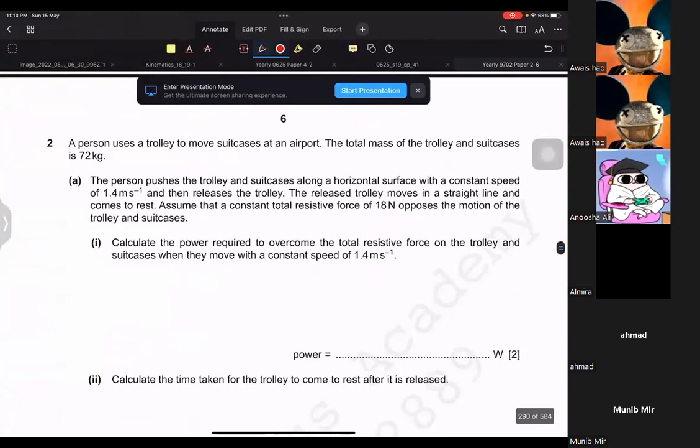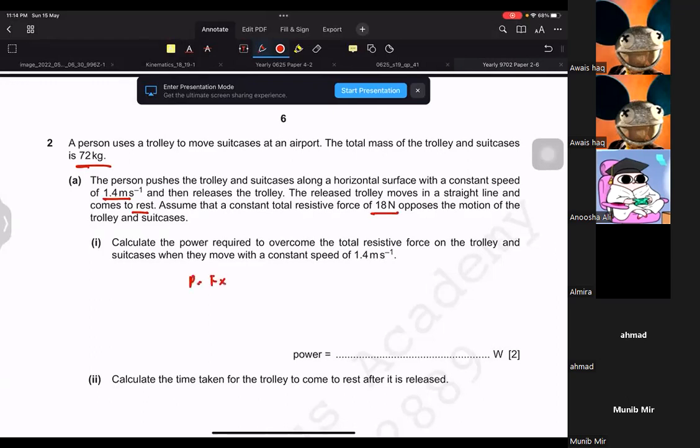Now, a person uses a trolley to move suitcases at an airport. The total mass of the trolley and the suitcase is 72 kg. Calculate the power required to overcome the resistive force when they move at constant speed.